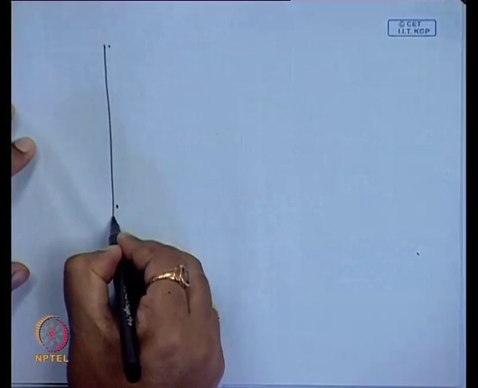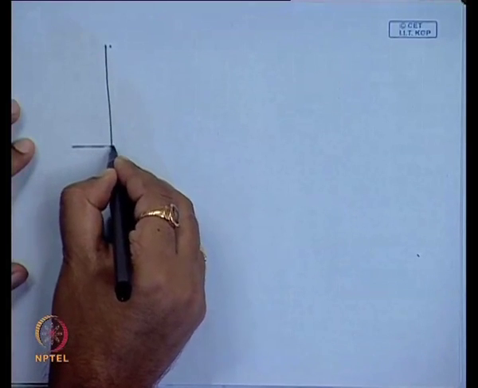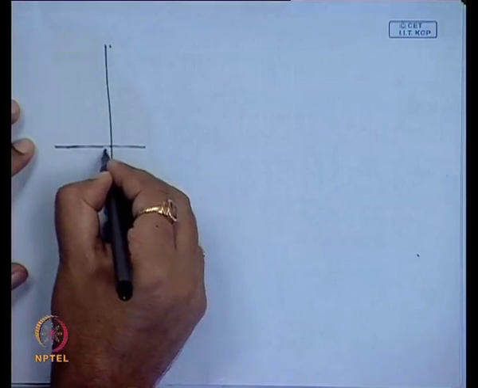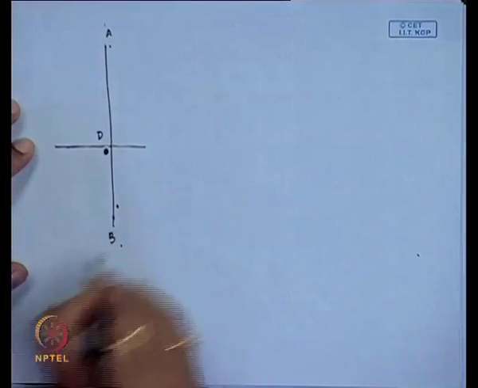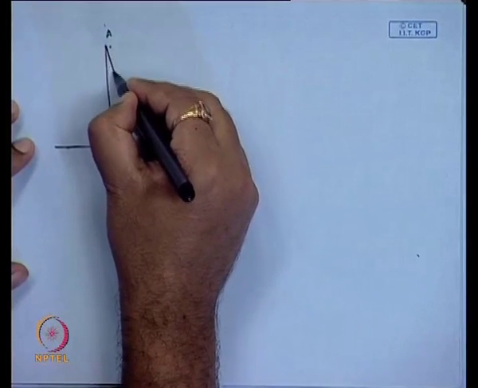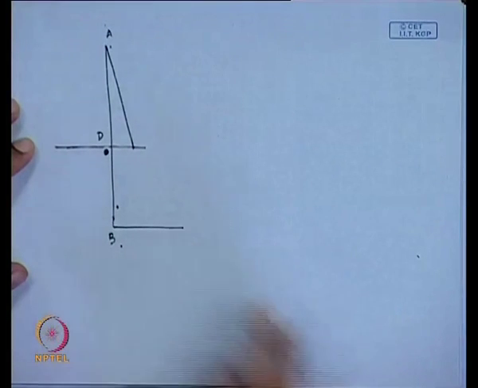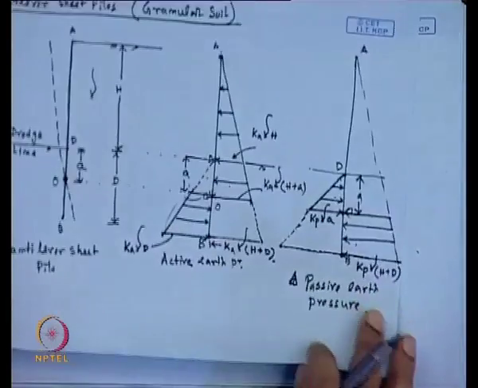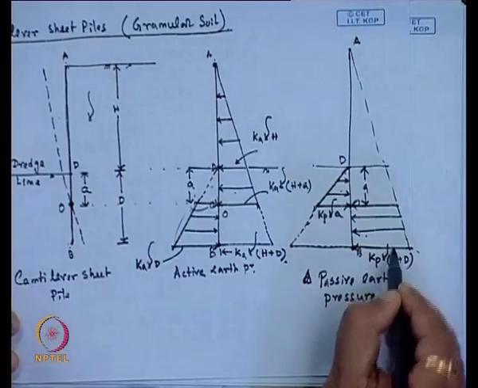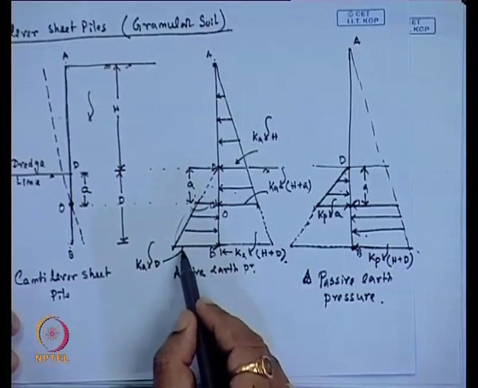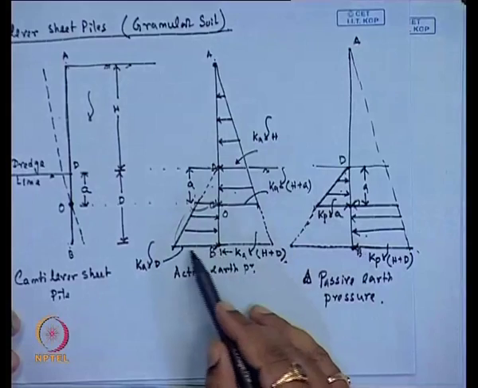So, this is retaining wall. So, this is the dredge line, this is D, A and B. So, we can draw this will be the net pressure diagram, because we can see from this figure that here this is passive and here this side is active, as the net pressure, that means the passive minus active, as passive pressure is more compared to the active pressure.